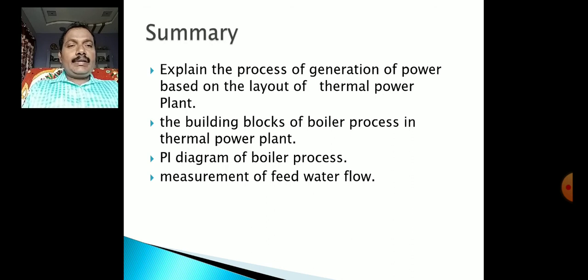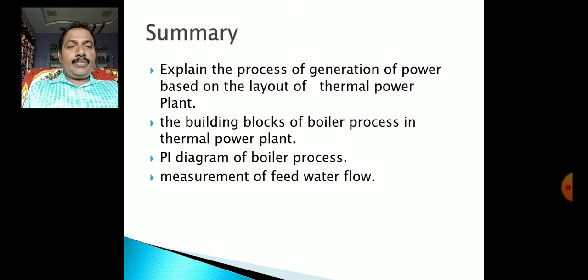So that the heat is transferred to the water and water starts to boil and produces the steam. So that is the fire tube boilers. Next type of boiler is the water tube boilers.